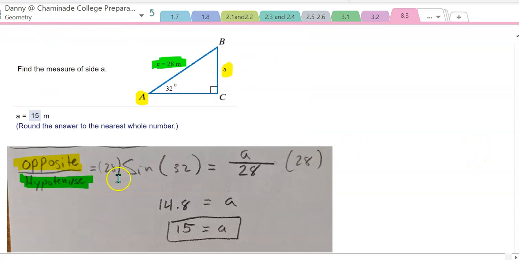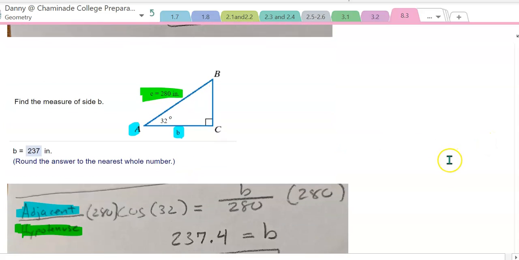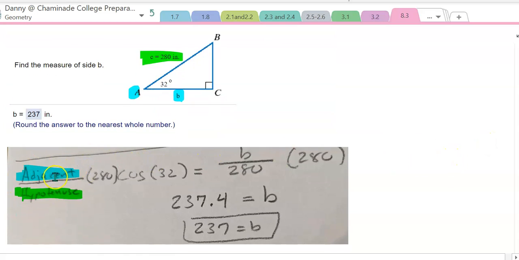Here we have to decide which trigonometric function we use. I have opposite over hypotenuse. That's why I'm using sine here. Then we have sine of 32 is equal to that. I multiply by 28, and I round to the whole number. More of the same here. What do I use?